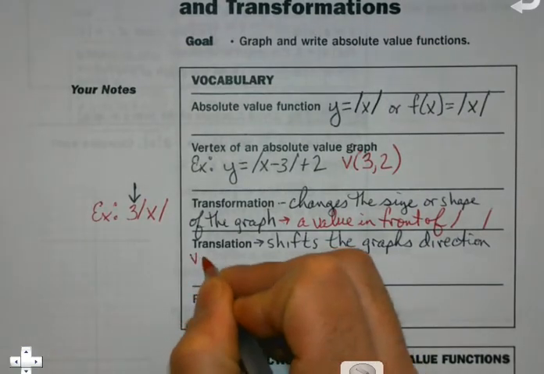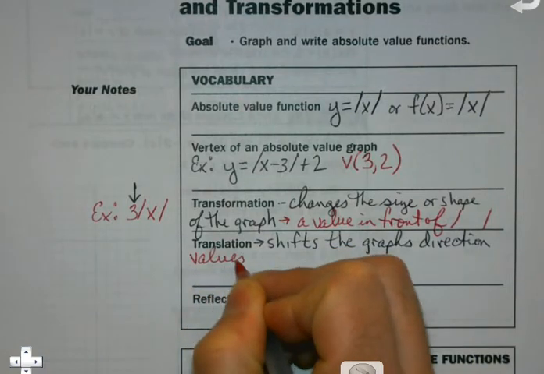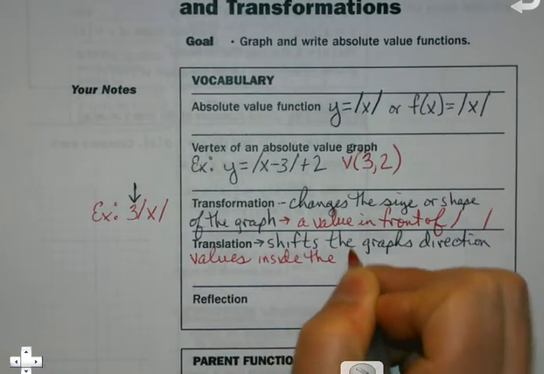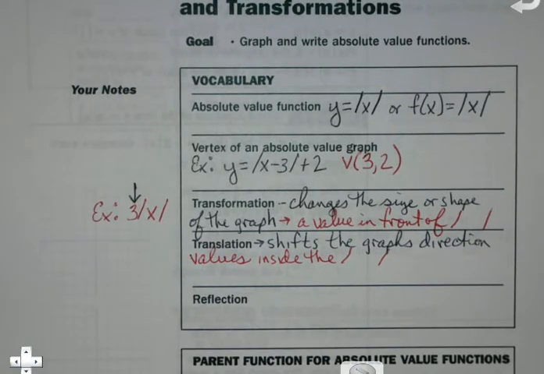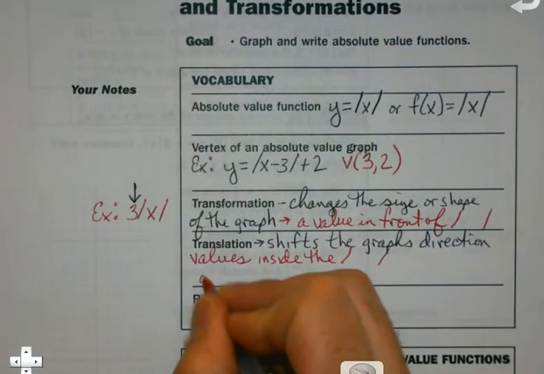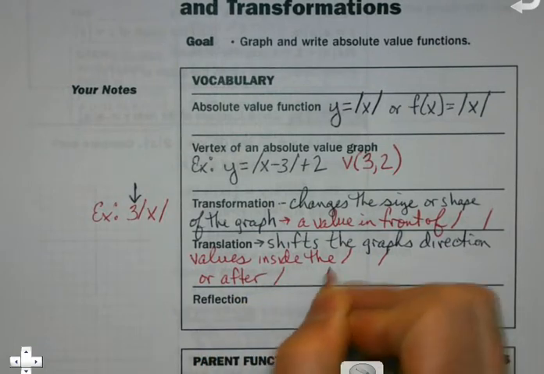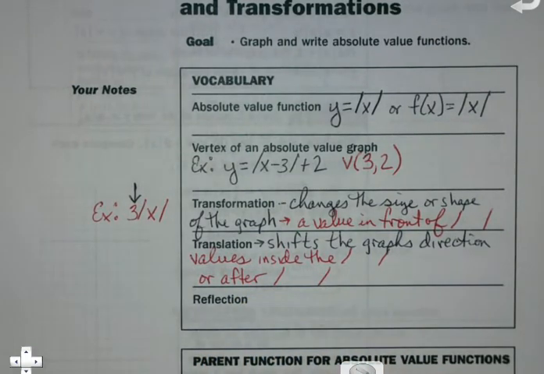Well, those are values inside the absolute value or after the absolute value.